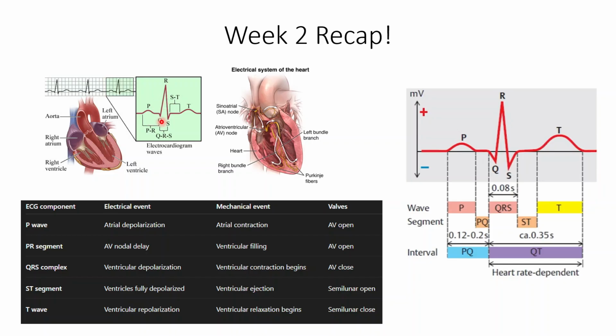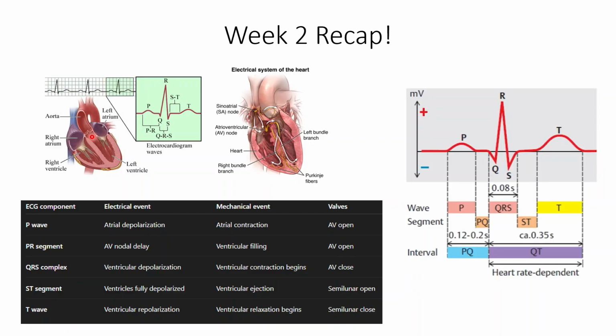Then you obviously need to come back to baseline so that you can go for the next cycle. So during the ST segment, you have full depolarization and ventricular ejection has taken place. The semilunar valves are open, allowing the blood to go into the vessels, into the aorta and the pulmonary artery.